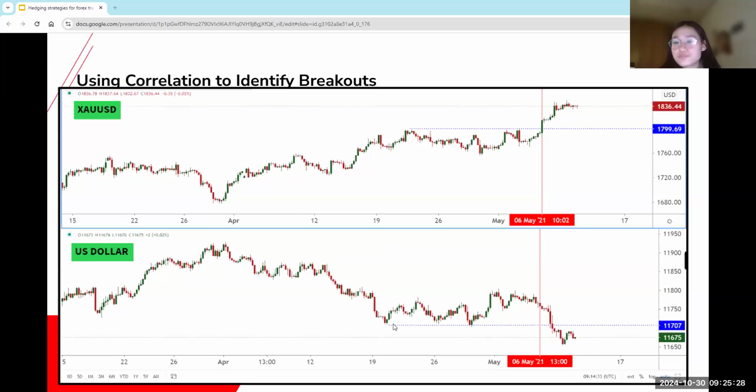As for dollar or DXY, we have the same resistance or support level with two swing lows, so we're expecting price to break out of it again just further down the line. You can see here at 10:02, prices broke out of that resistance level. Now on our DXY, prices broke below it after that timing, 1 o'clock.